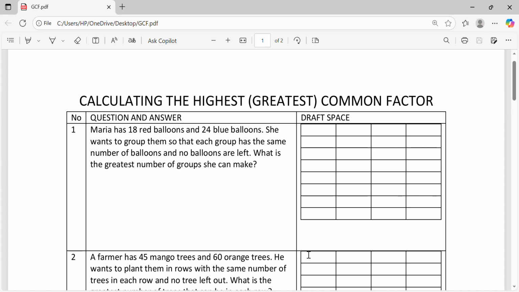Friends, there are two ways you can check the highest or the greatest common factor. You can first prime factorize 18 and see the factors, 24 and see the factors.